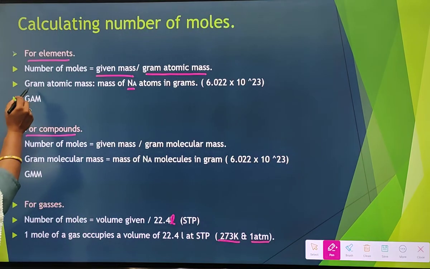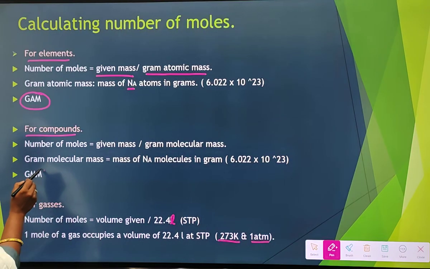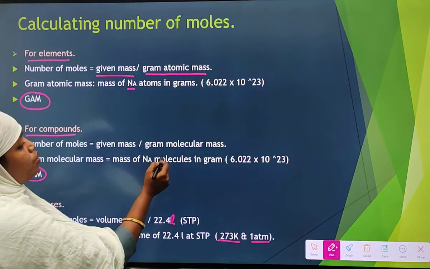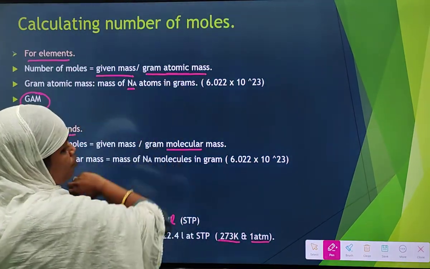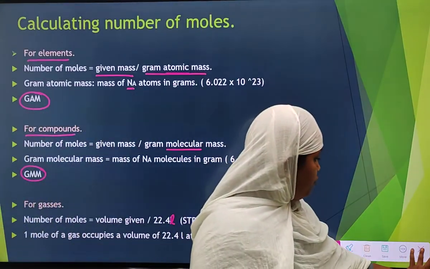For elements the suffix is GAM, gram atomic mass, and for compounds the suffix is GMM, gram molecular mass. You can see the difference: for compounds it is molecules and for elements it is atomic. So please do not get confused.